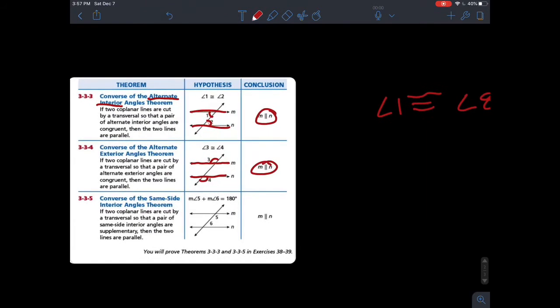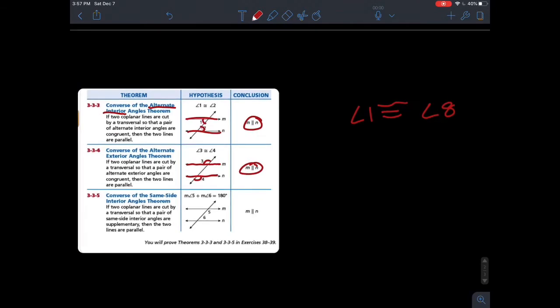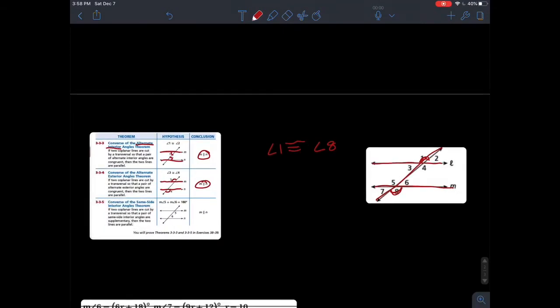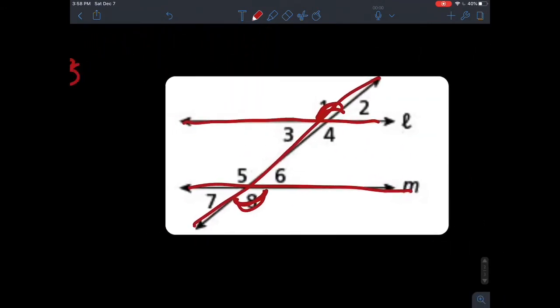So two lines are cut by a transversal so that a pair of alternate exterior angles are congruent, and the two lines are parallel. So here's our two lines. So right here is our transversal line. Creates these two angles here that are congruent to each other. That proves that our two lines are parallel.